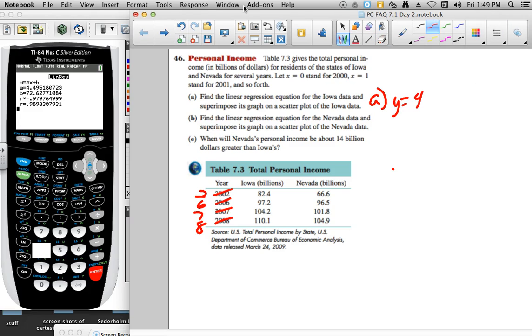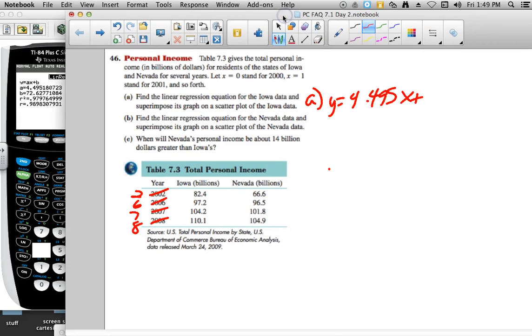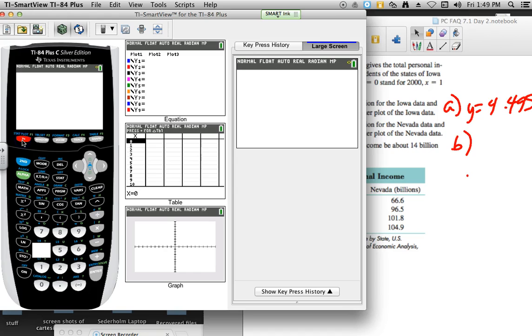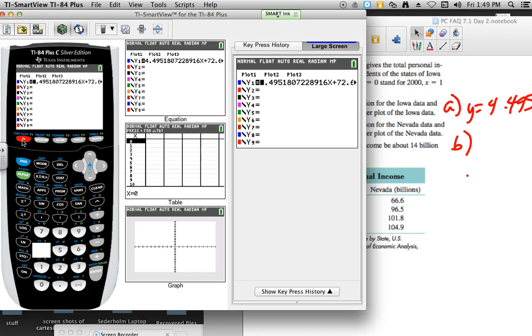Y equals 4.495x plus 72.628. And again, we have to write it down because that's part of the problem, but this is already stored in y sub 1 thanks to the way that we punch it into the calculator. So decimals and all of it is perfect.